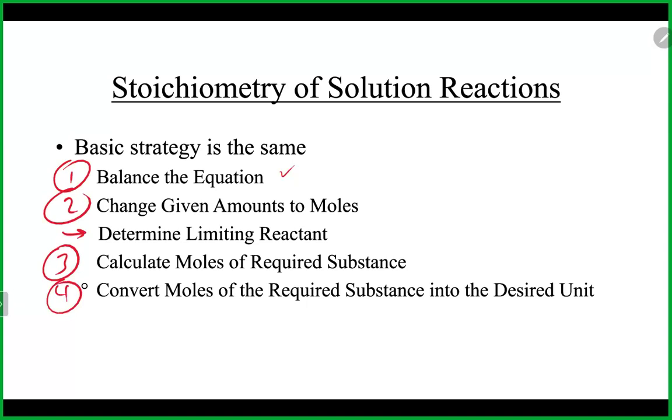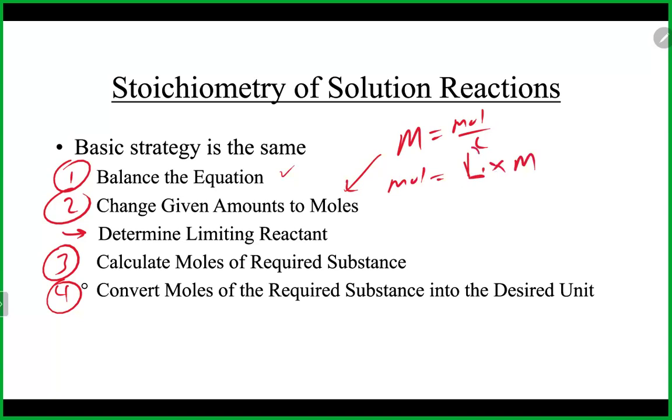Now, the main difference when you're doing solution stoichiometry a lot of times is right around here. We oftentimes can use molarity and volume to get the moles. So since molarity is moles per liter, the moles is liters times molarity.